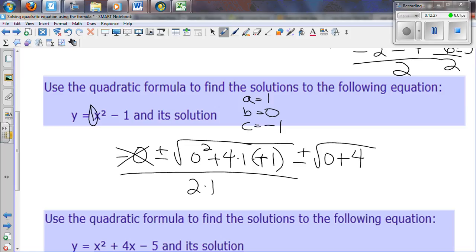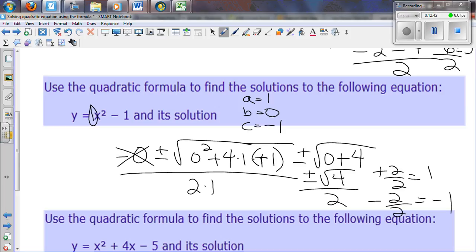So we have plus or minus the square root of 4 all over 2. If we take the positive of that, that's positive 2 over 2. If we take the negative of that, that's negative 2 over 2. So we get 1 and we get negative 1. Which, if you know factoring difference of squares, this factors into x plus 1 and x minus 1. And so those are indeed our answers.